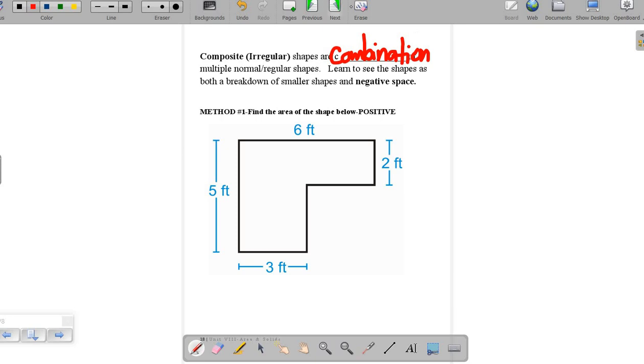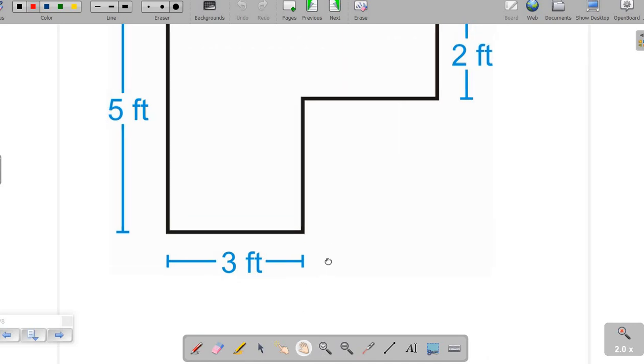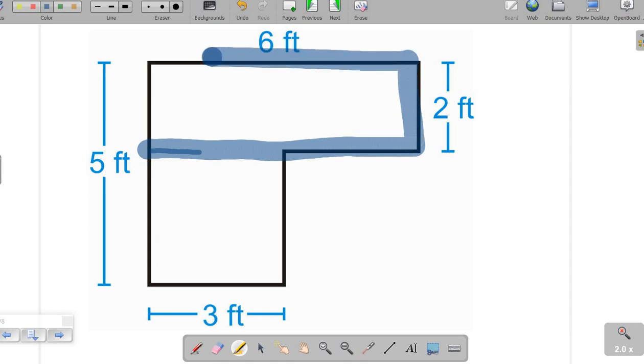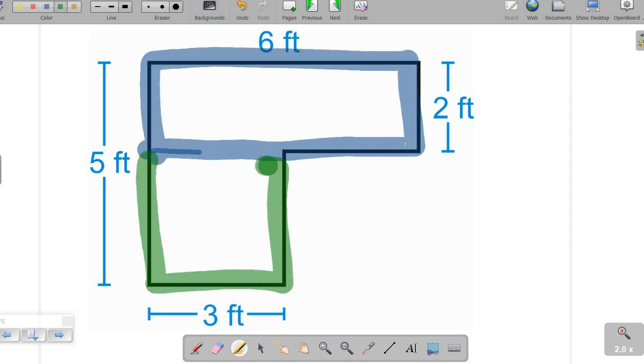So there's two ways for you to look at the same image. This image, we can see it like this. Two smaller rectangles, and we can visualize it as horizontal rectangles, and we add those together.